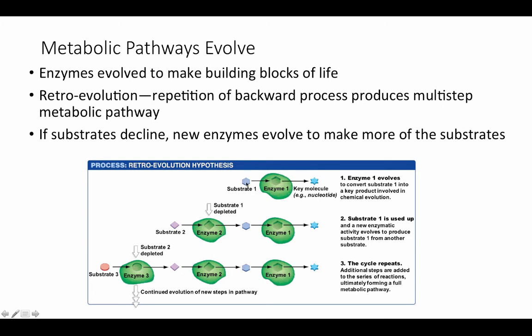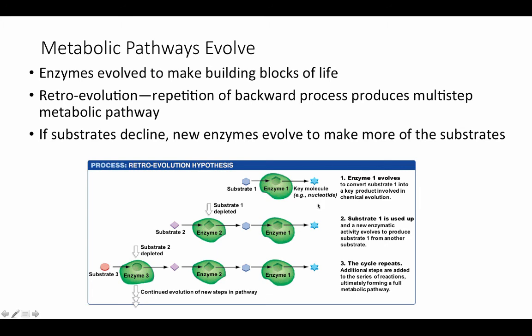So originally in evolutionary history, there was a substrate that used an enzyme to create a product that was needed. Eventually, according to this hypothesis, the concentration of this substrate would decline because it's all being used up to make this product.